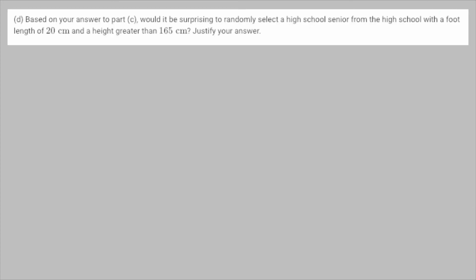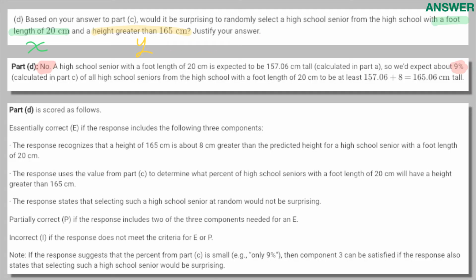And then finally, using your answer to Part C, and this is important, would it be surprising to randomly select a high school senior from the high school with a foot length of 20 centimeters and a height greater than 165 centimeters? Justify your answer. So this question is actually based on both parts A and C. If the height is greater than 165 centimeters, and if you're going to have a length of 20 centimeters, in Part A, we took 20 centimeters, plugged it into the regression equation, and got a predicted value of 157.06.